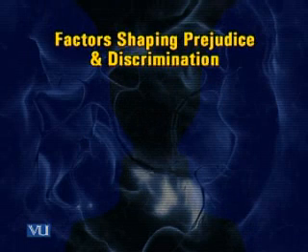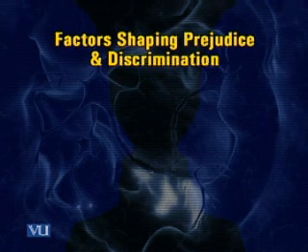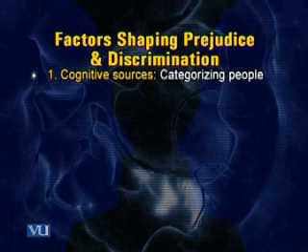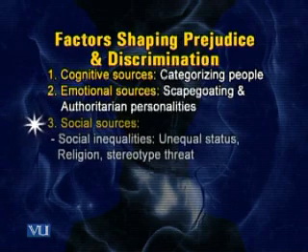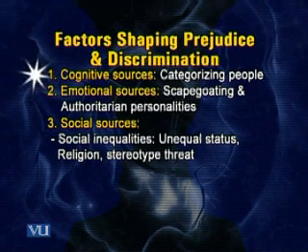Now we'll discuss what are the factors which are responsible for prejudice and then discriminatory behavior. So there are three kinds of factors which are important in prejudice and discrimination. First is cognitive sources, or cognitive factors, second is emotional sources, and the third one is social sources. As far as cognitive sources are concerned, we will be talking about how people categorize people.